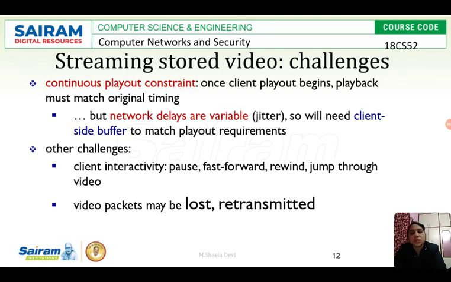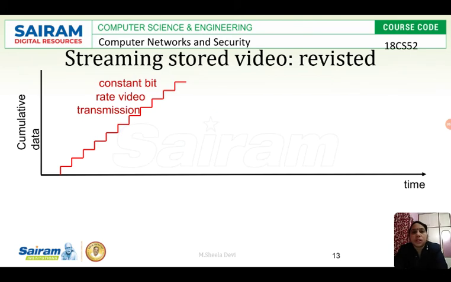During the playout time, the first block would have been watched by the client, and the second block would have been watched. Then it will be waiting for the third, but it has received the fourth block. Means either the video should be paused, or that video content should be skipped. These are the two options. So it can be either lost or retransmitted.